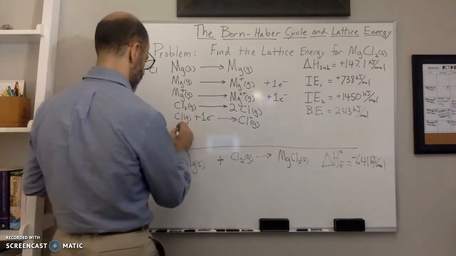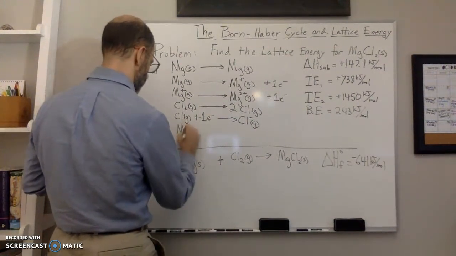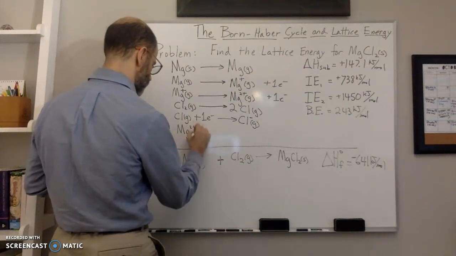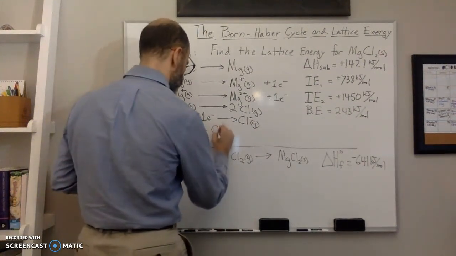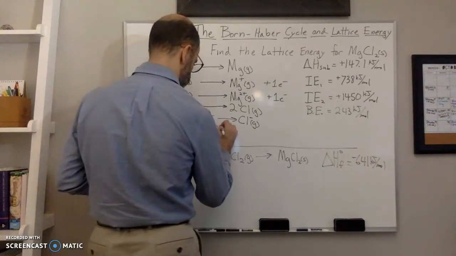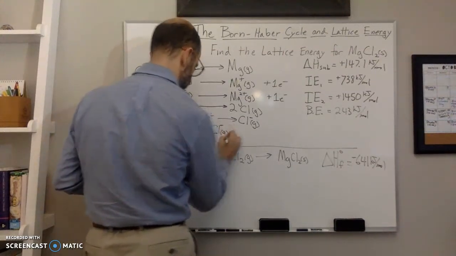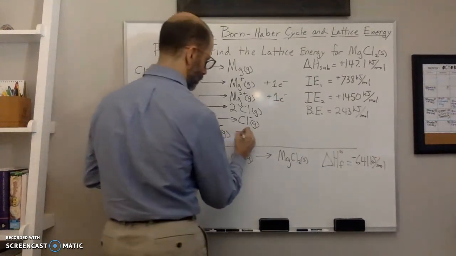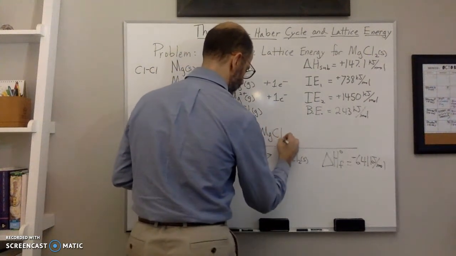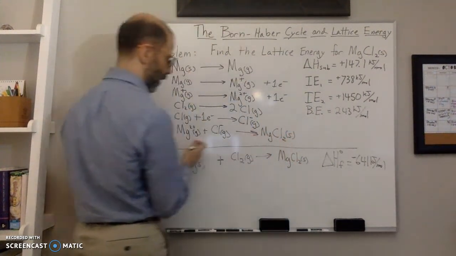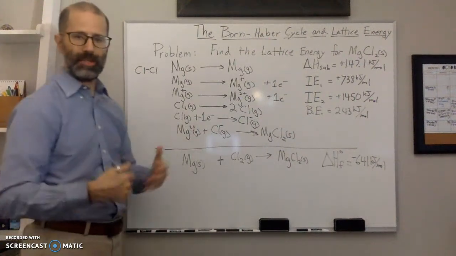We take our gaseous ions, magnesium 2 plus gas plus chlorine minus gas. Those two together are going to make solid magnesium chloride.